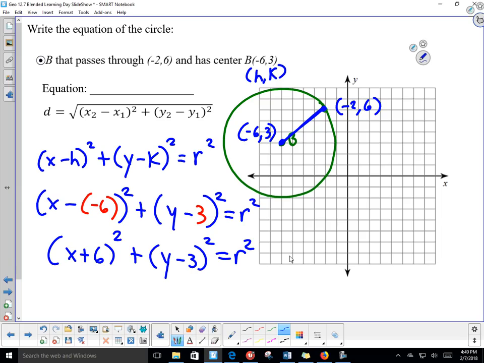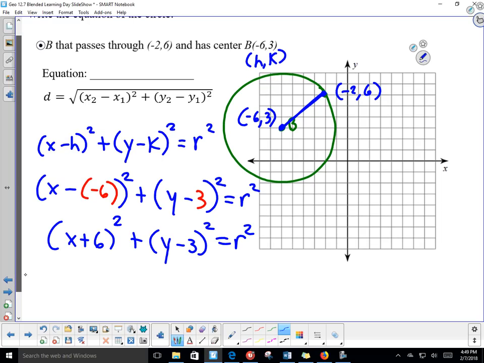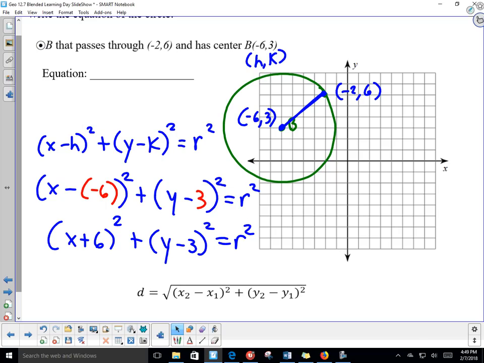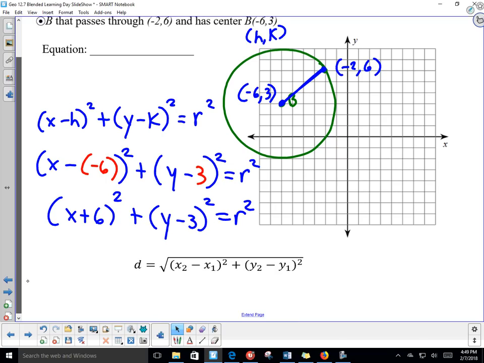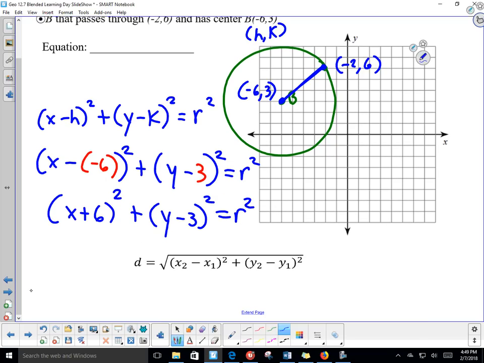So let's do this. We're going to have to find the distance. Remember, here's our distance formula right here. Let me bring that down so we can work with that. We're trying to find the distance between these points. Let's call the -6, 3 our x1, y1, and we can call -2, 6 our x2, y2.